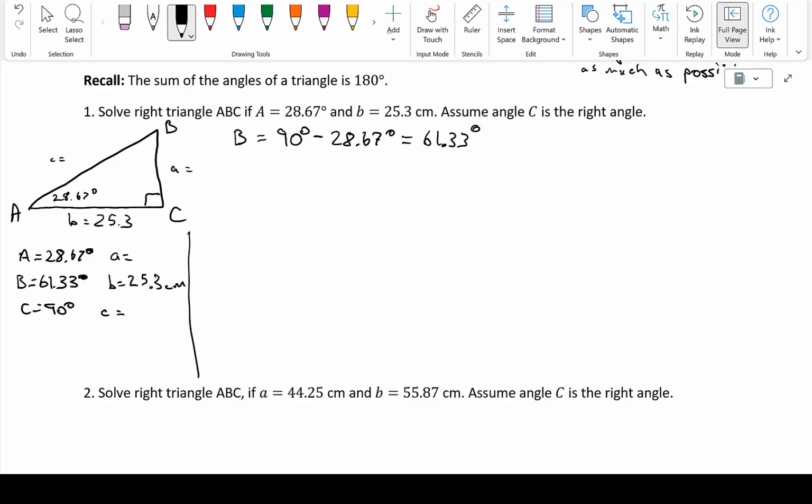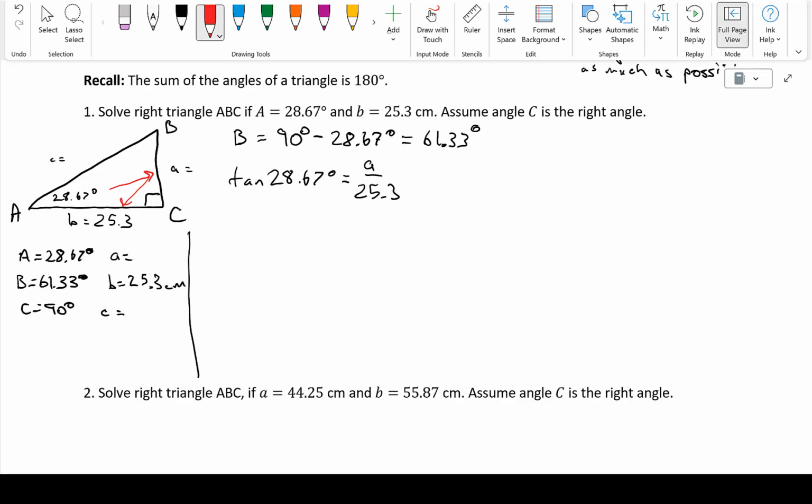So we want to use what we know. We were given angle A and side b, so we can find a relationship between angle A and side b. If we look to our trig, we find that tangent of 28.67 degrees is equal to a over b, and for b here we can sub in that 25.3 for our centimeters.